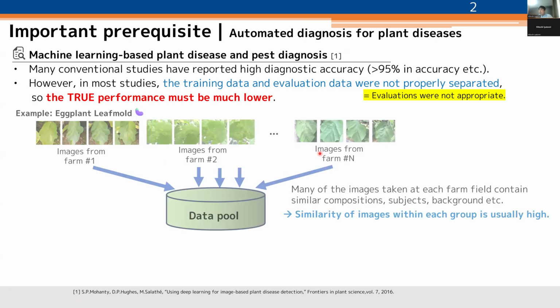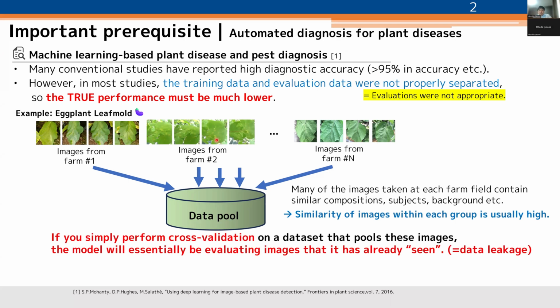This figure illustrates this issue. Usually, the images taken in farm fields share geometry, background, digital cameras, and subjects. In such a situation, the similarity between the images is very high.